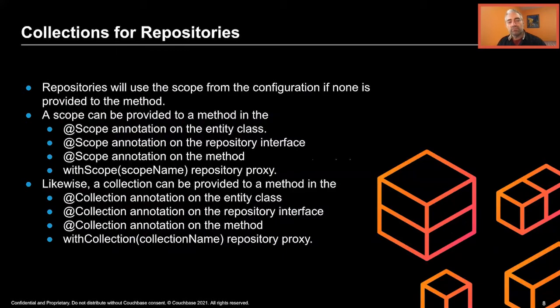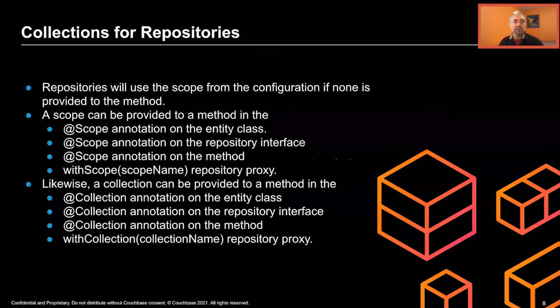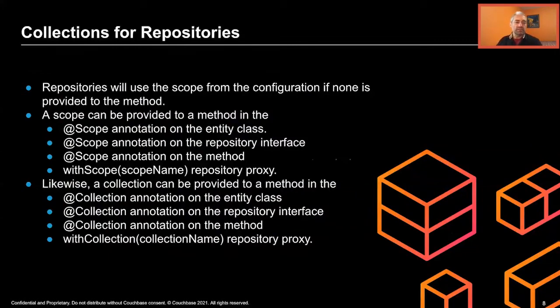And also the last way is withScope on the repository proxy, which I will talk about in a little bit. And collections can be specified all the same ways: on the entity class, the repository interface, the method itself, and there's a withCollection on the repository proxy.